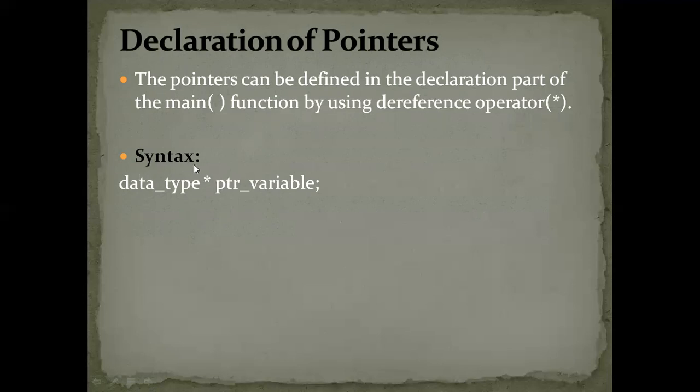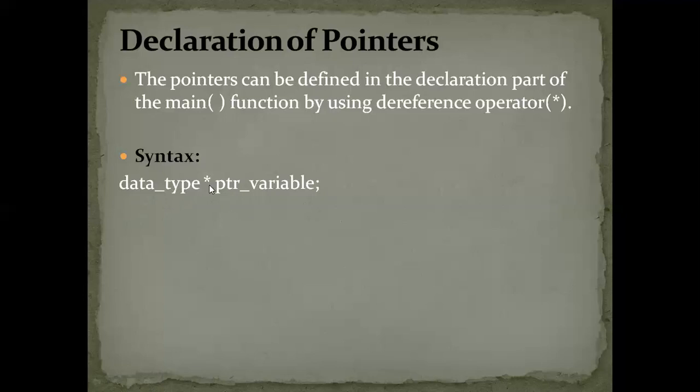So we'll see the syntax. The syntax contains the data type, the dereference operator, then the pointer variable, ending with a semicolon. What is the data type here? A valid data type, like integer, float, character or double.